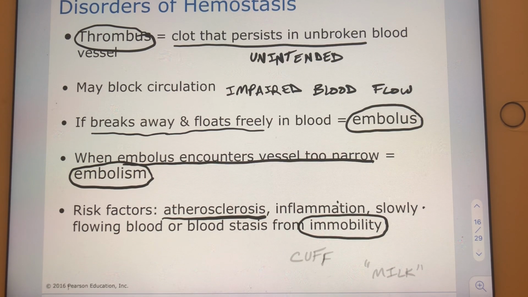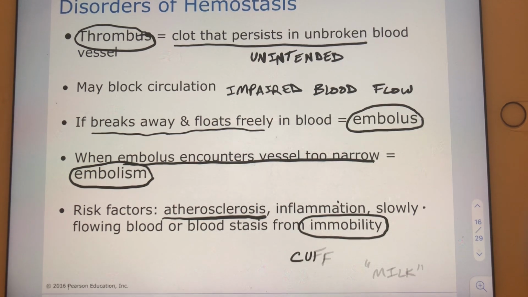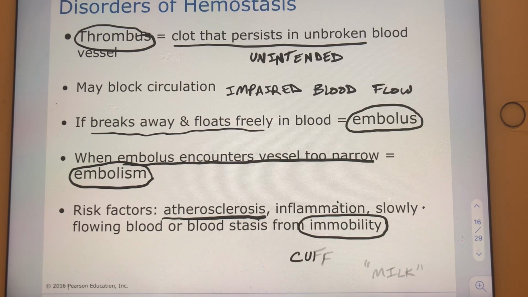So that's one of the reasons why following surgery, often there'll be a cuff applied to a patient's limbs just to work blood back to the heart, because the patient is immobile and isn't actually milking the blood through the venous side of circulation as much as they would if they were up and around.